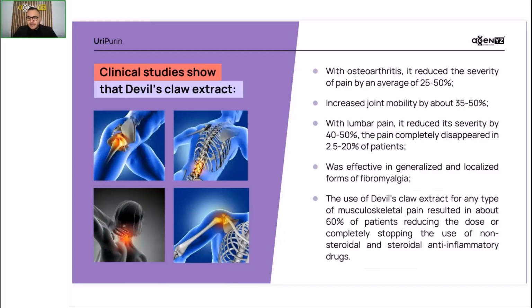It was effective in generalized and localized forms of fibromyalgia. The use of devil's claw extract for any type of musculoskeletal pain resulted in about 60% of patients reducing the dose or completely stopping the use of non-steroidal and steroidal anti-inflammatory drugs.